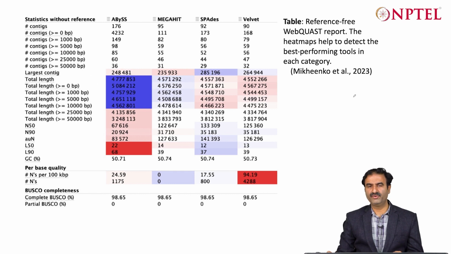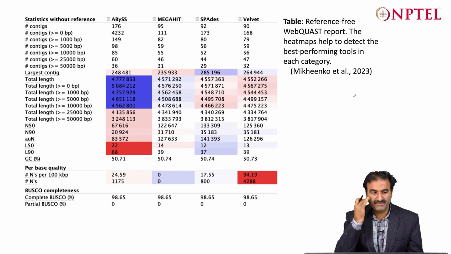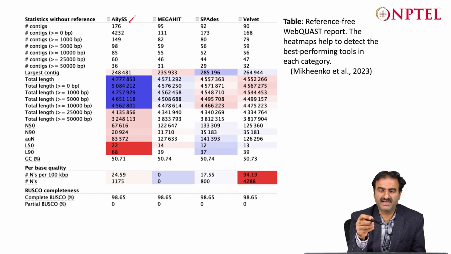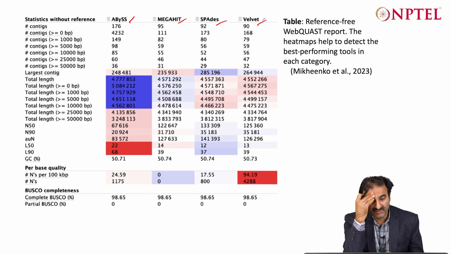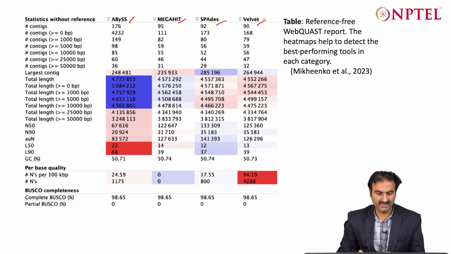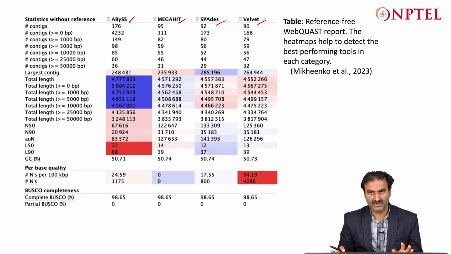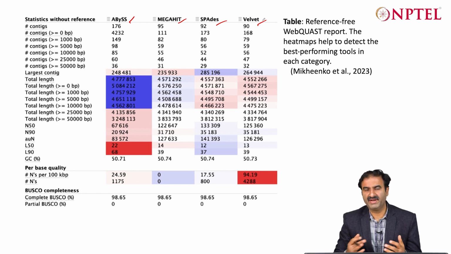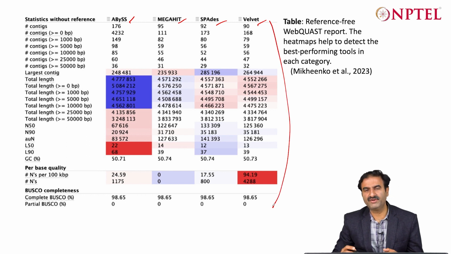So this table tells how they have assessed their tool on a sample genome, and they compared publicly available methods like ABySS, MEGAHIT, SPAdes, Velvet, which are short-read assemblers. This table shows the statistics that it could calculate on these genomes, and it also compared the tools and tells the capability, the statistics that you can report by using WebQuast.